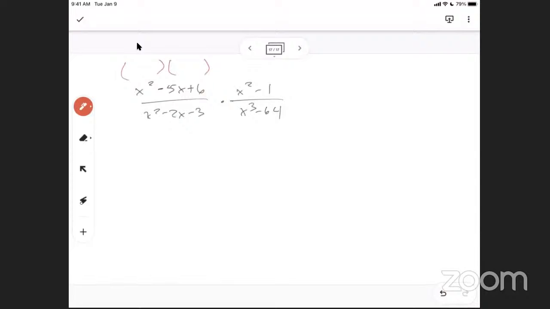Teresa, you know it. x plus 3 and x minus 2. It wouldn't be x plus and plus, because remember, both have to be negative or both positive, since it's a positive 6. So how about x minus 3 and x minus 2? And this one here, Izzy, how does this factor? x and x.